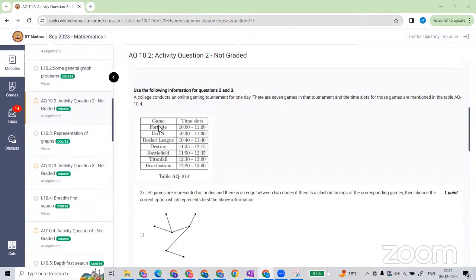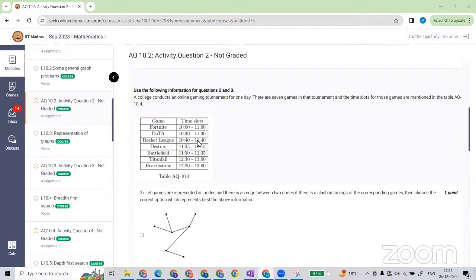What are the vertices you have? Fortnite, Dota, Rocket League. These are your vertices. And if there is a clashing of time, see that this is 10:30 to 11:30, and see that 11:35 is there already. So there is a clashing of time, no?